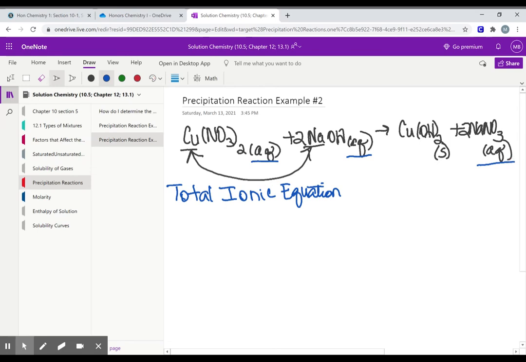It's going to break apart into its ions. So again, I'm going to ask the sub to pause the video here and give you a few moments to write your own total ionic equation, and then resume the video so that you can correct or check your work.